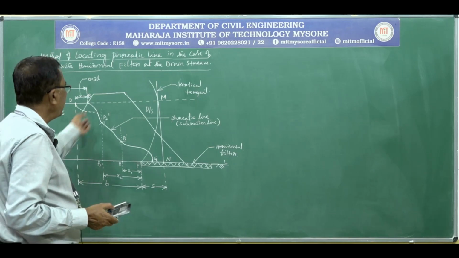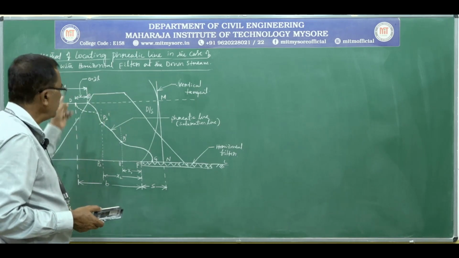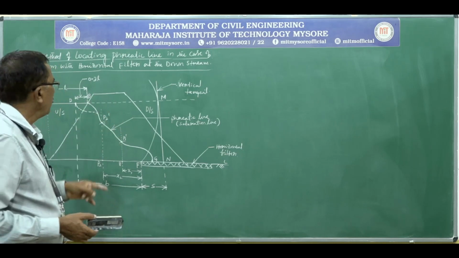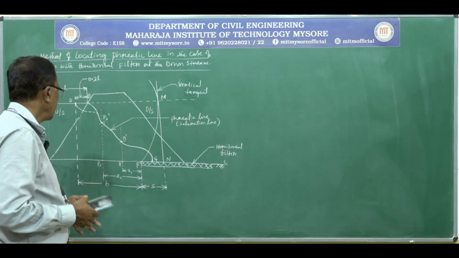So after obtaining the phreatic line or saturation line, we can easily calculate the quantity of water flowing through the soil.